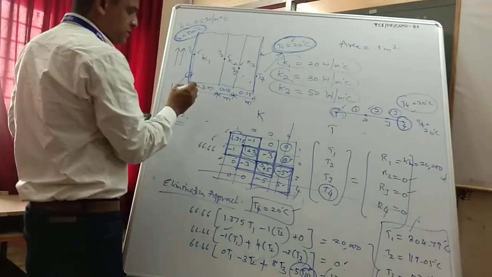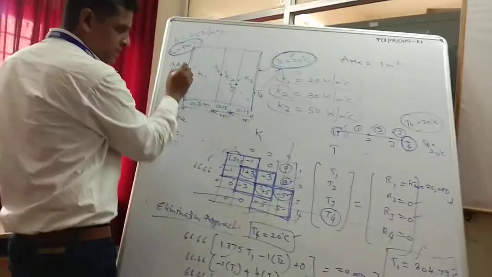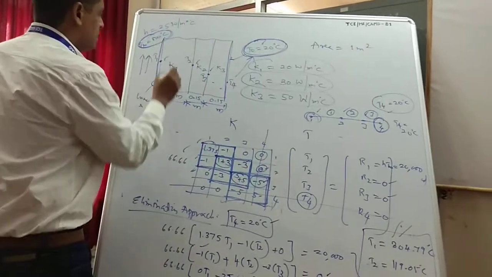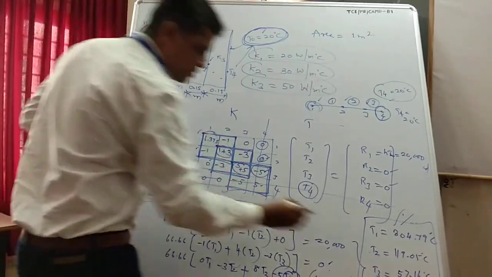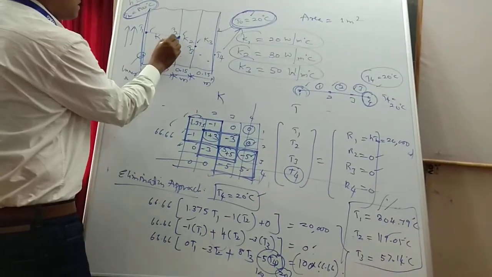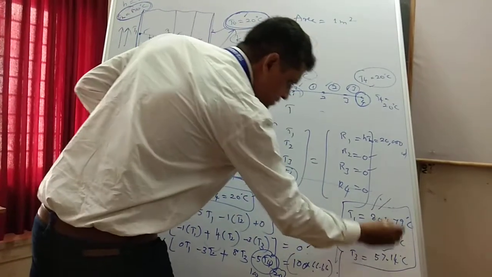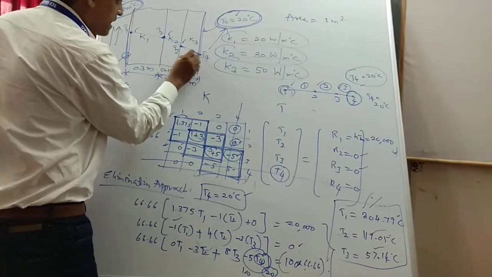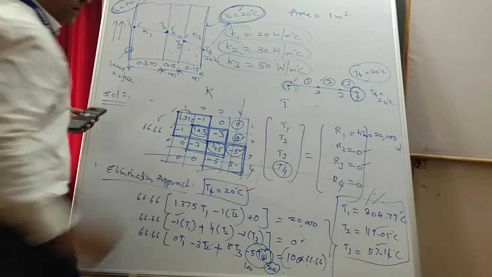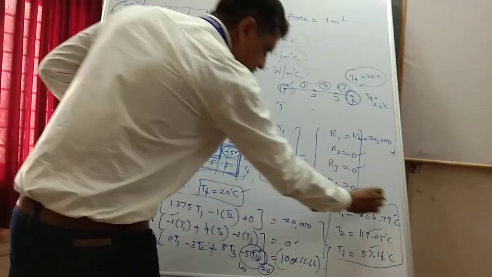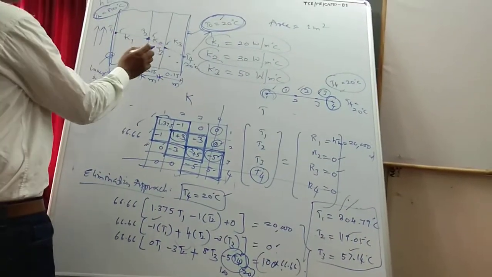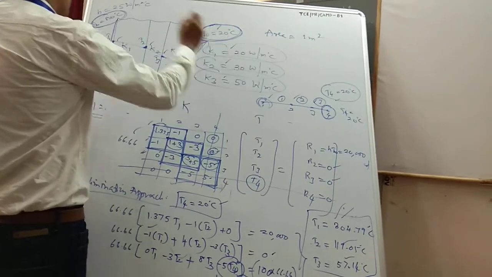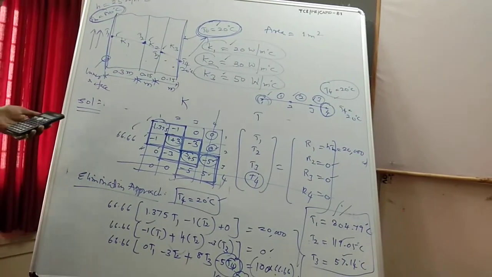Through heat transfer the temperature is reduced to T1 of 304.79, then to T2 of 119.05, then to T3 of 57.14, and the last, T4, is given as 20 degrees Celsius.